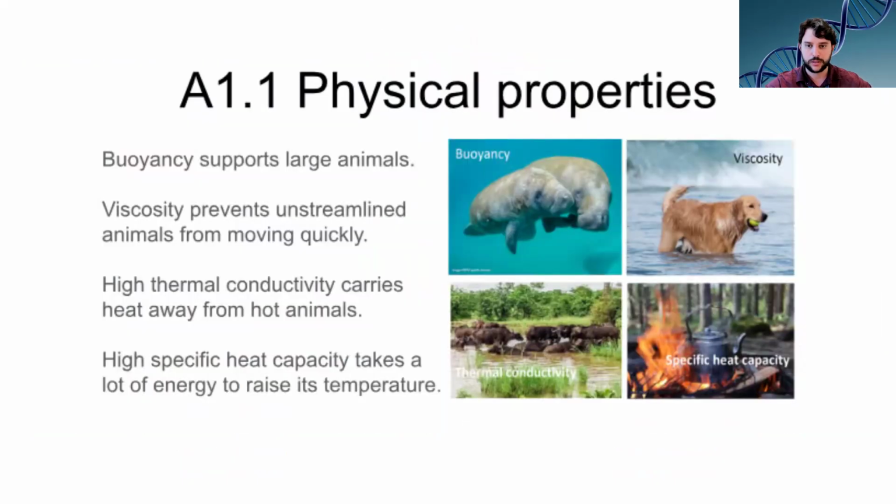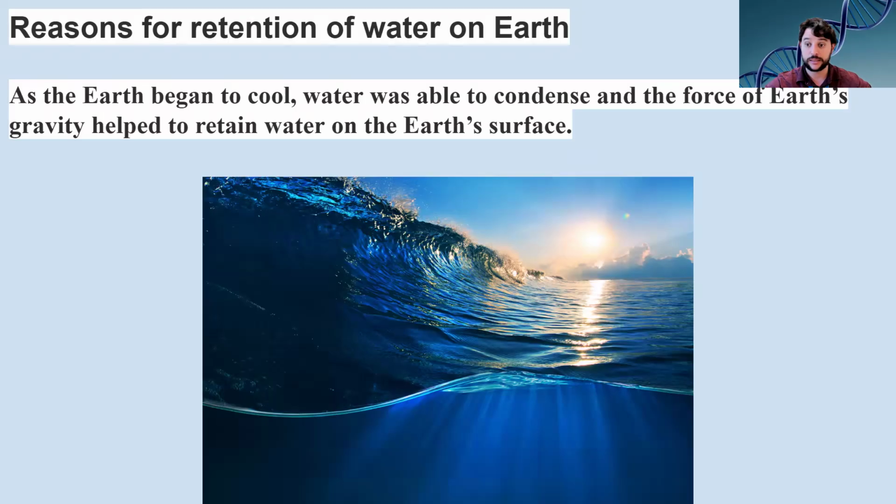Okay. All right. This is what we said so far for the standard level. Now, higher level. Okay, so just covering the additional higher level of A1.1 in water. So basically the higher level of water talks about the origin of water in our planet.